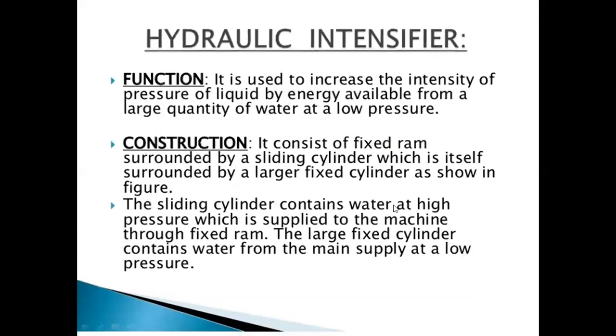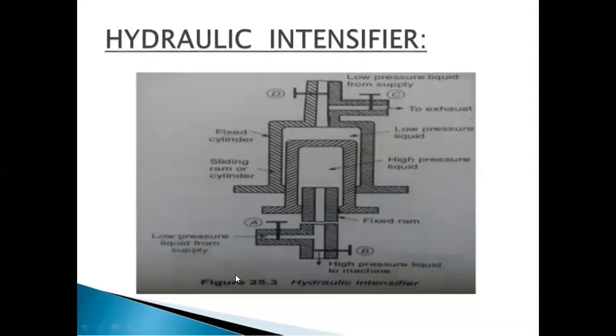The sliding cylinder contains water at high pressure, which is supplied to the machine through the fixed ram. The large fixed cylinder contains water from the main supply at low pressure. Now we will see the constructional details in detail from this figure.